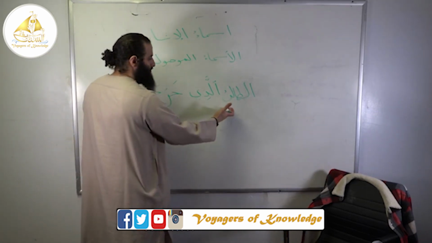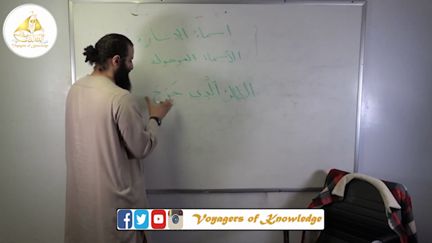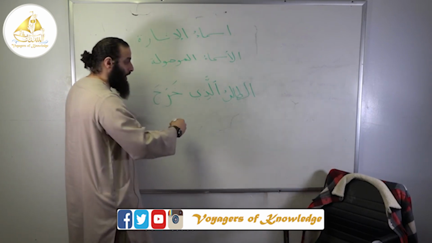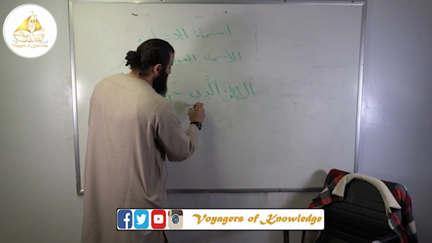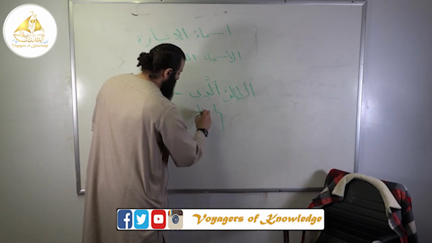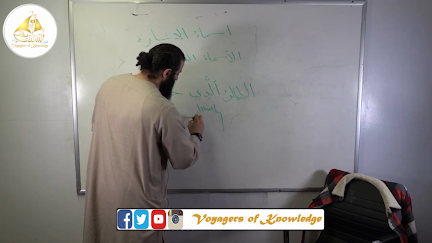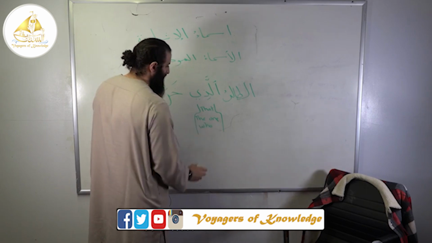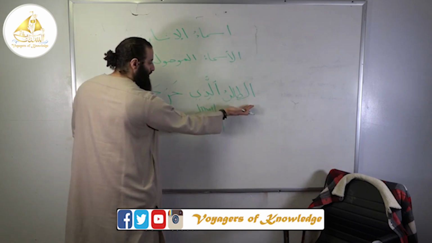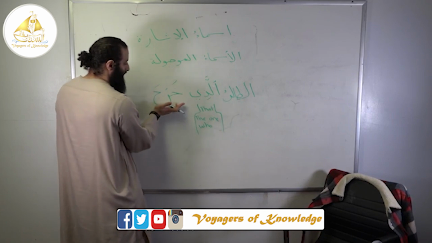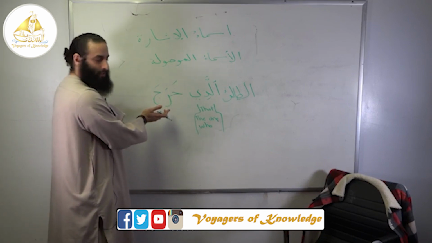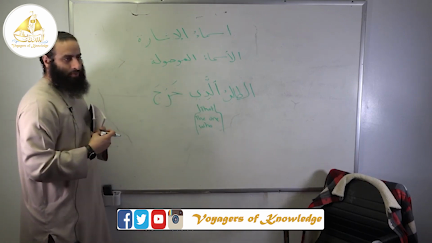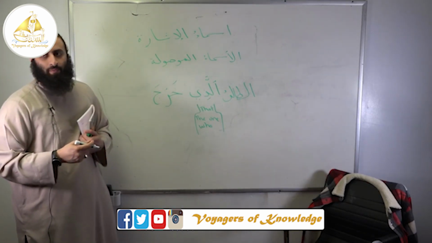So, الطالب, the student, الذي خرج. We know what left is. What is this? We said it can mean the one who, or simply as that. So either this sentence means the student, the one who خرج, left or exited, or it means الطالب, that left. The talib that left. That's it.